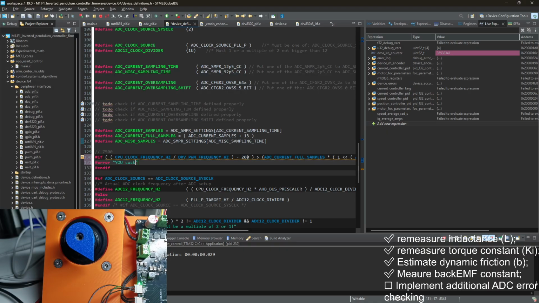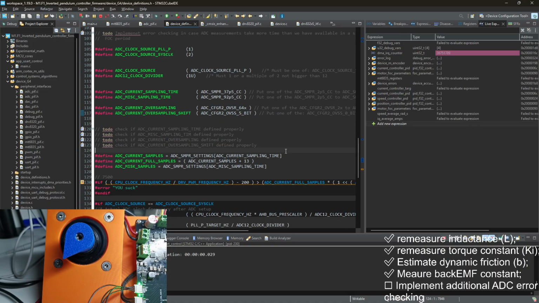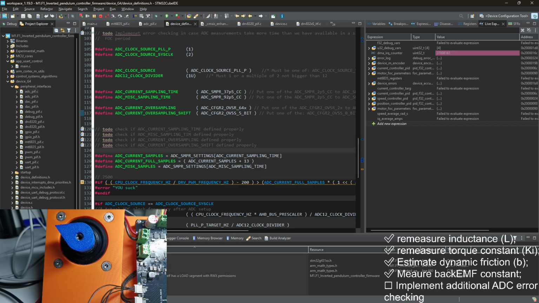You suck. Okay. Let's test it. So it should break if I use here 37. It doesn't break. Something is wrong. And what is wrong? Expression syntax error. Which exact error?